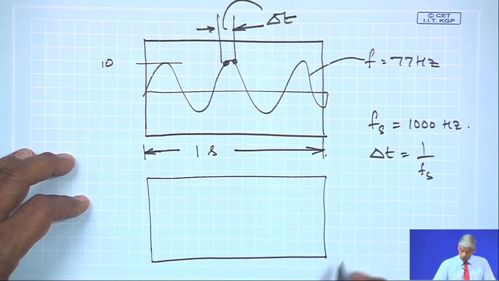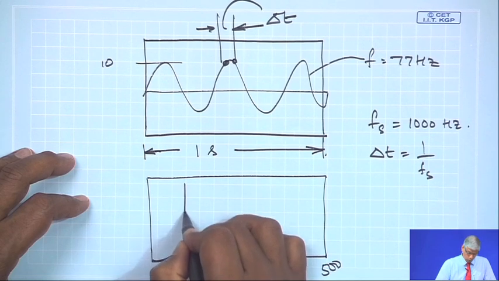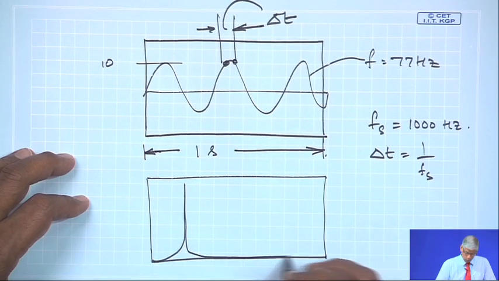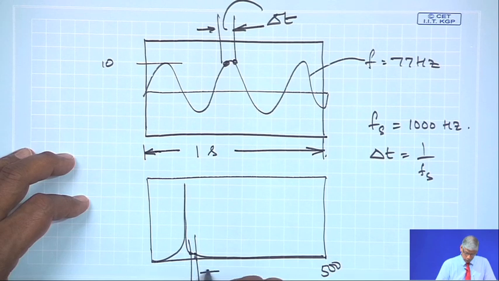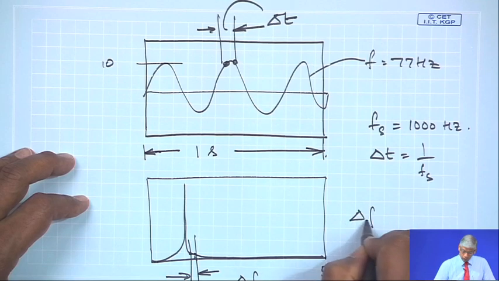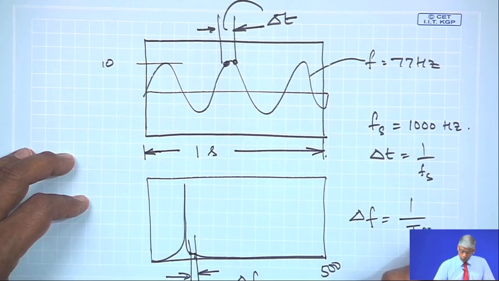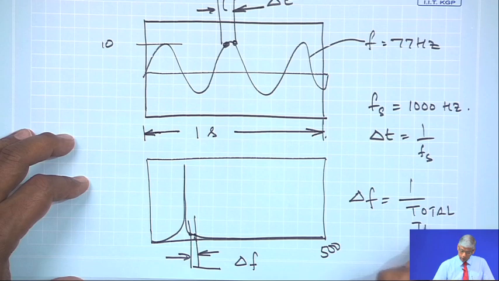Once I went to the FFT, I plotted till 500 hertz, and the spacing is your delta f. So, delta f is nothing but 1 by total time.